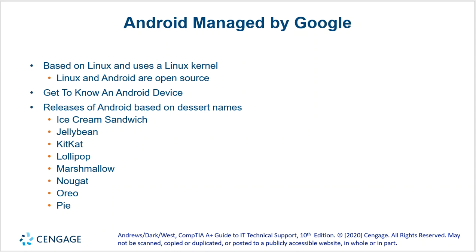Releases for Android have generally been based on dessert names. So you've had things like ice cream sandwich, and yes, I know that's not the first one, but we'll get to that in a minute. That's about version 4. Jelly bean, Kit Kat, lollipop, marshmallow, nougat, Oreo, and pie.